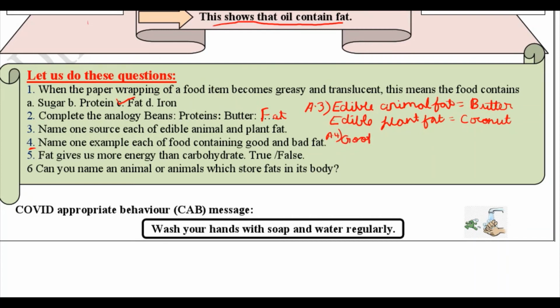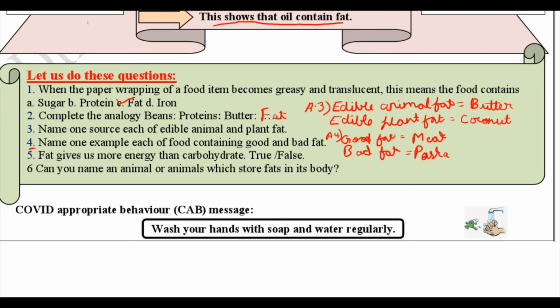So what will be an example of good fat? Let's say a natural food. So what we can take here? Let's say meat. So meat is even a good fat. Now if we want to take a bad fat, for example I take any fast food here. So in bad fat, let's say I take pasta.